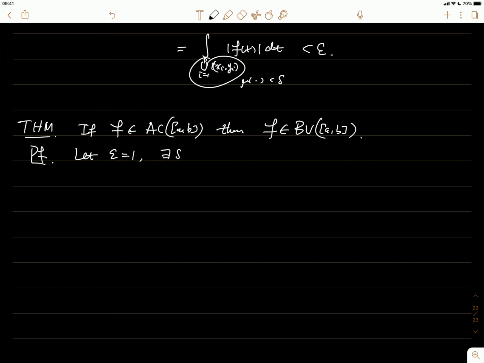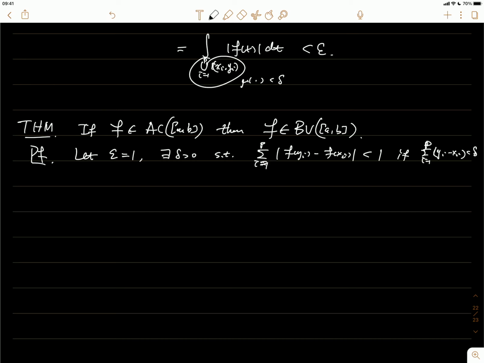Then we know that there exists delta such that if you have mutually disjoint intervals (xi, yi) for i from 1 to p, then the sum of |f(yi) - f(xi)| from 1 to p will be less than 1, which is epsilon, if the sum of the (yi - xi) is less than delta.